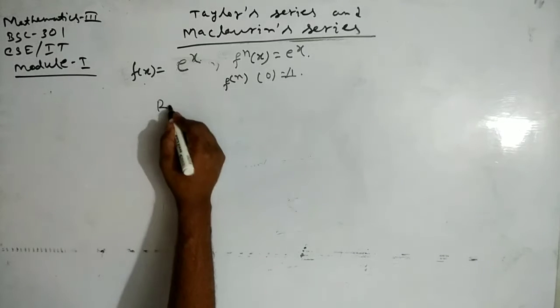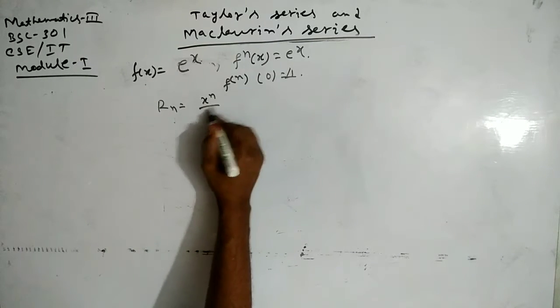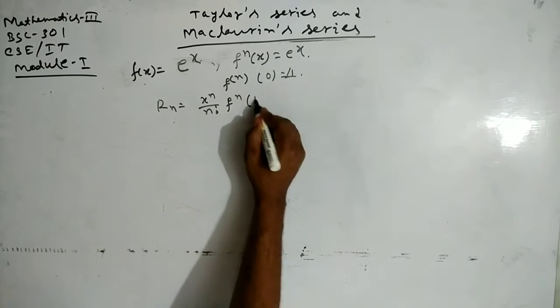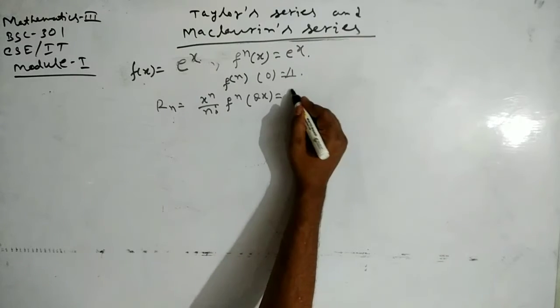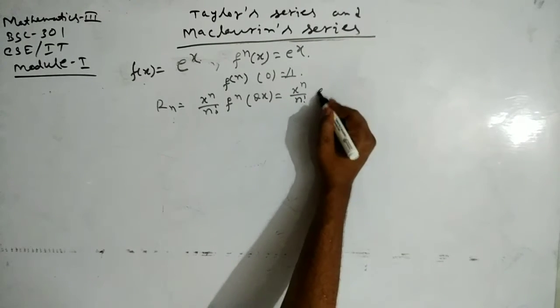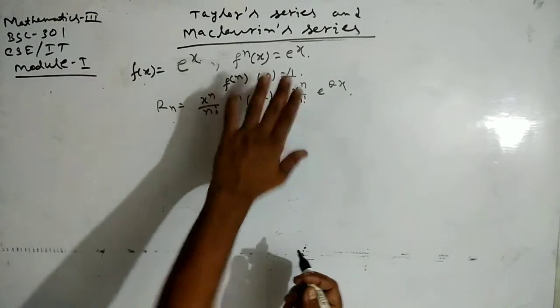Therefore Rn, the Lagrange's form of remainder after n terms, is x to the power n by n factorial fn theta x, and that is equal to x to the power n by n factorial e to the power theta x, since fn x equals e to the power x.